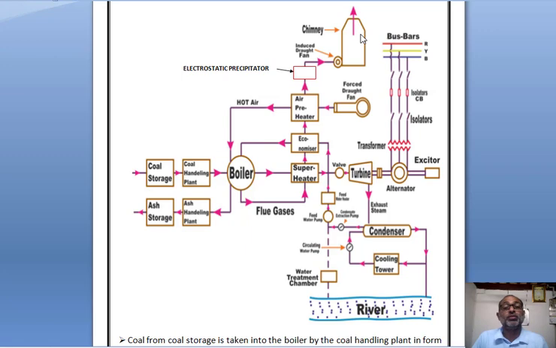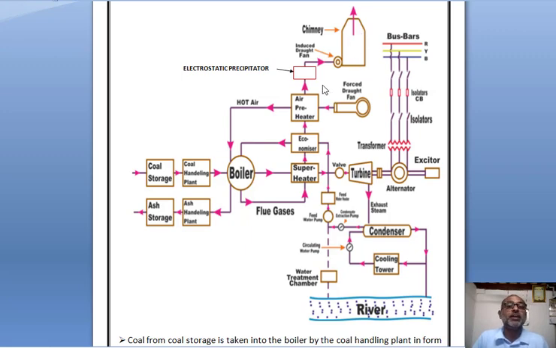Now, some ash particles are still present in these flue gases. If we let these flue gases into the atmosphere, the ash particles present in the flue gases will affect human beings.